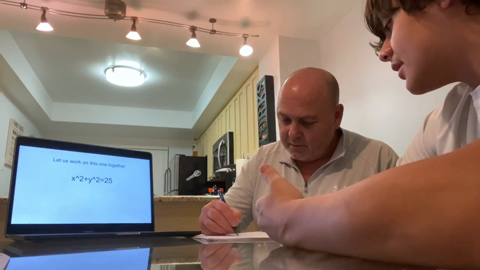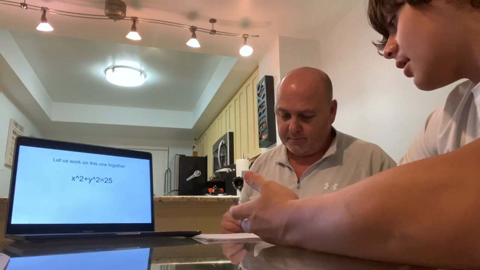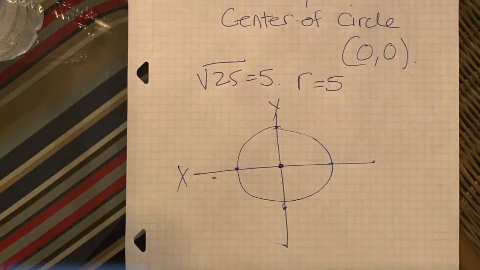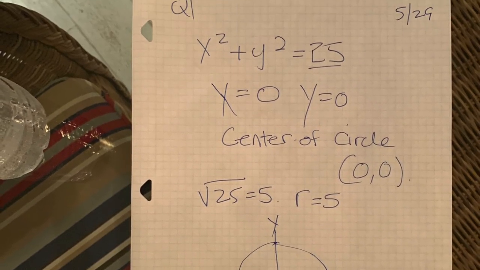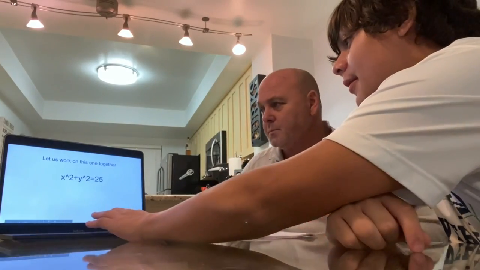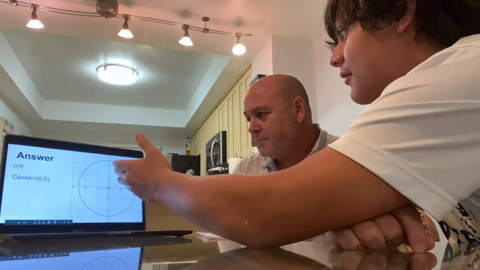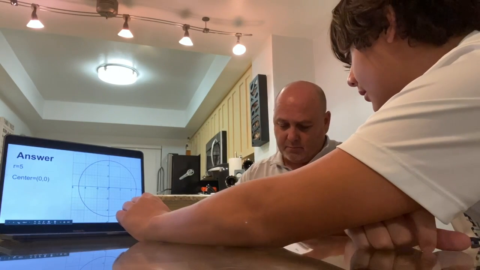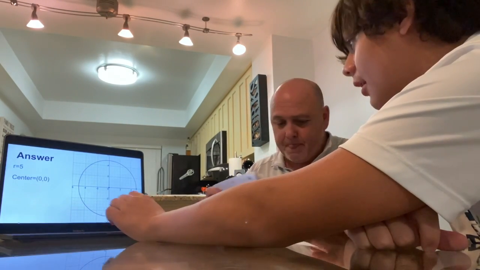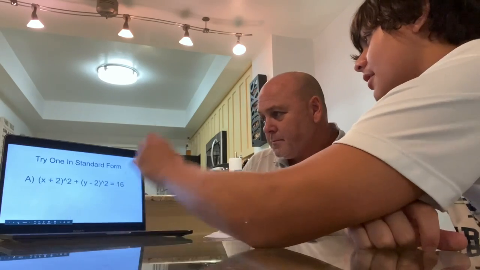The square root of 25 is 5, so your radius is 5. Now let's graph it. Great job. As you can see, you have the answer here, so you did it perfectly. You can compare your answers, and let's move on to the second question.